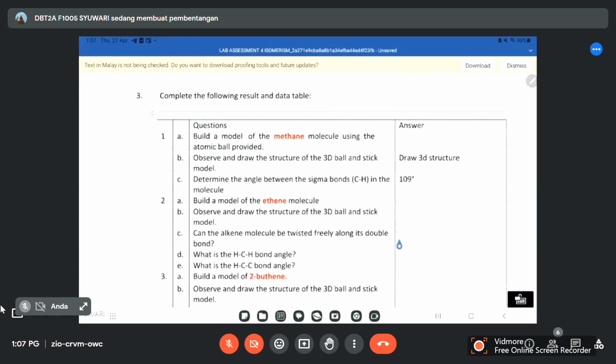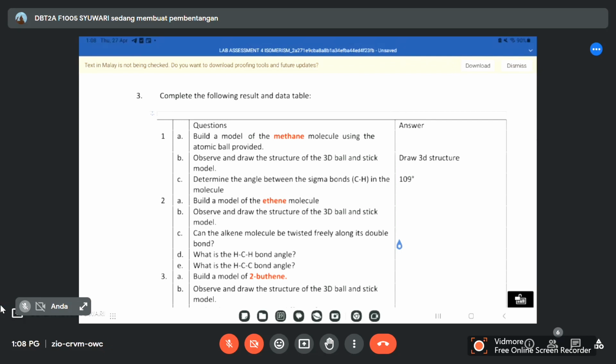So without any doubt, we want to answer all the questions for result and data table. The first question is 1A. Build a model of the methane molecule using the atomic ball provided.